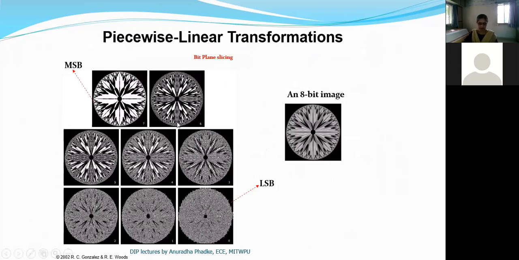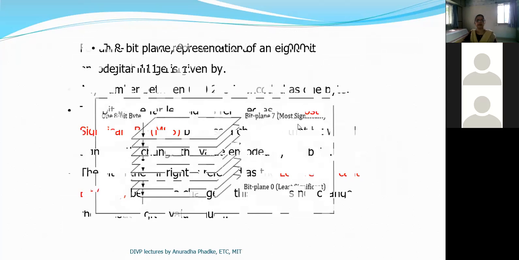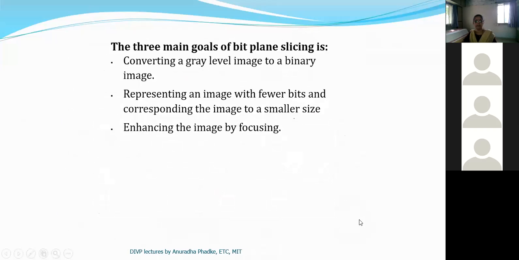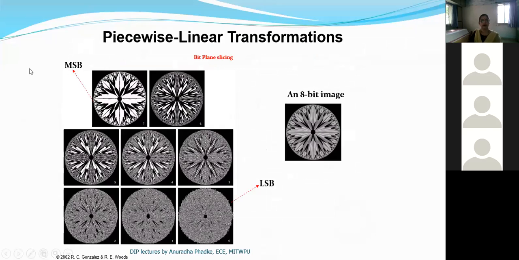Okay, so for this original image, which is a gray image, and this image is represented by using 8 bits per pixel, we will get 8 different binary planes, and those 8 binary planes are shown in this particular figure. When we represent it as binary images, your most significant bit plane will look like this as shown here.